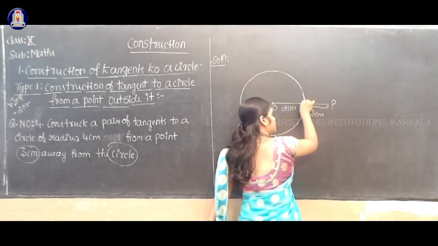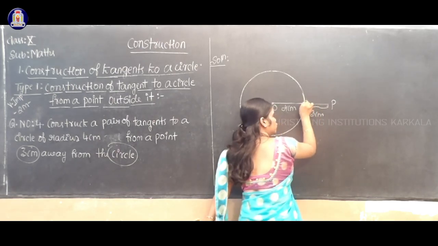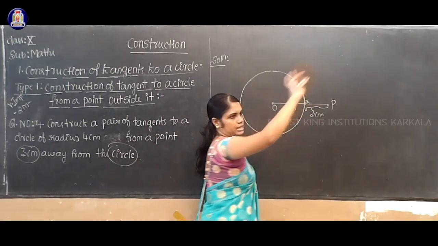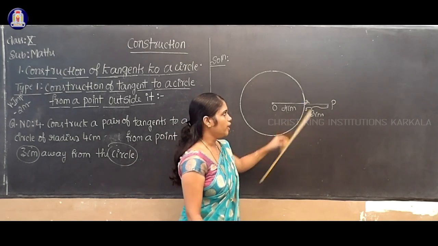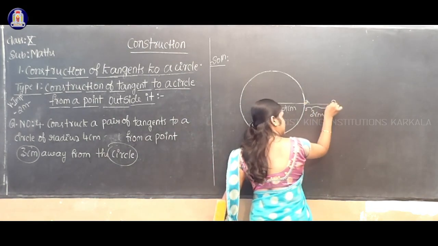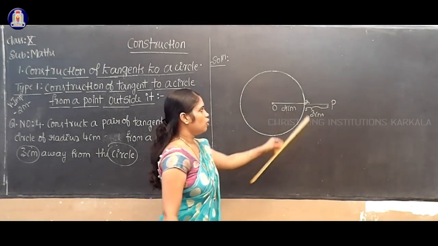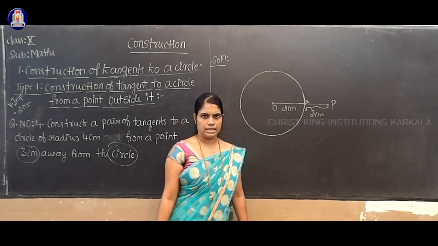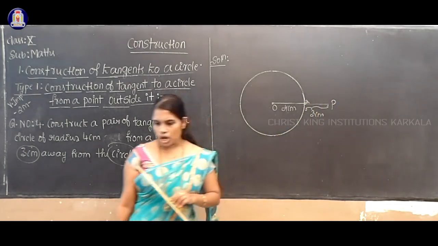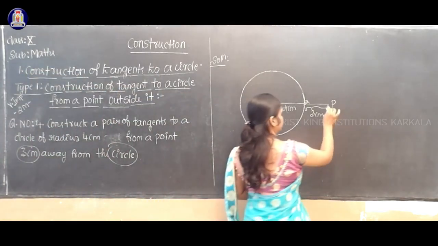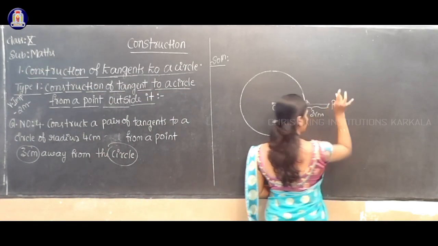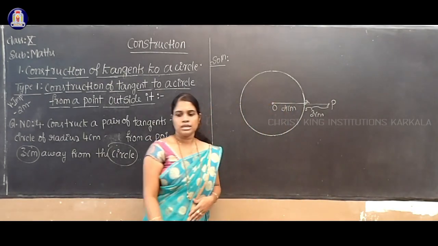Means from the point Q you have to take 3 centimeter. So QP is about 3 centimeter. Yes. So now same process. From this external point P we have to draw 2 tangents to this circle.